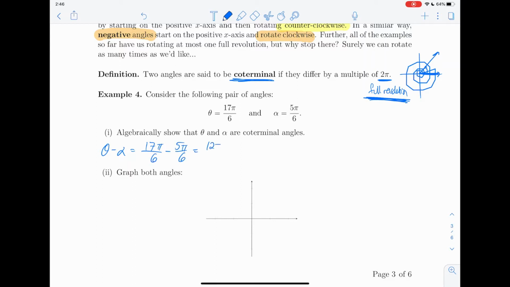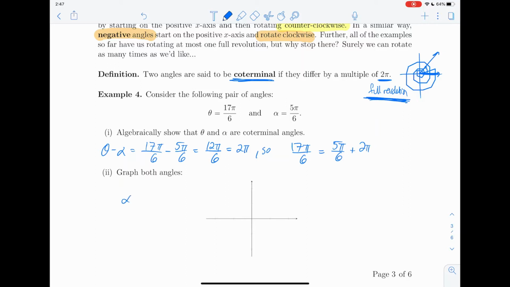That's the same as 12 pi over 6, which is, of course, 2 pi. So indeed, the difference between these two angles is a multiple of 2 pi. Equivalently, what that really means is that if I want to draw 17 pi over 6, it's equivalent to first drawing 5 pi over 6 and then swiveling 1 full revolution.